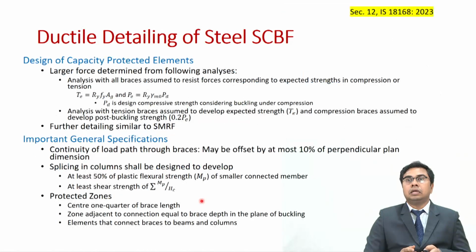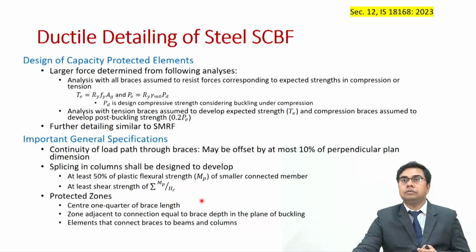But before that, let us also understand that in case of steel concentrically braced frames, there are capacity protected elements. What are the capacity protected elements in SCBFs? These are your beams, columns, beam column connections, etc. How do you find the design loads in these capacity protected elements? Now, we do two types of analysis.